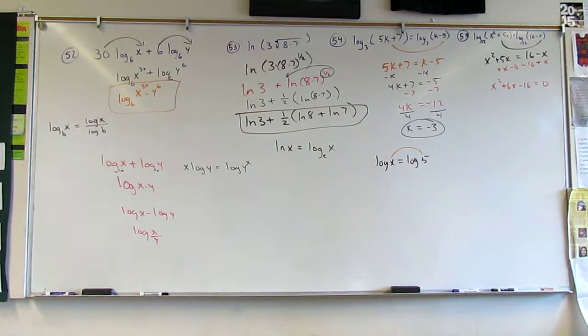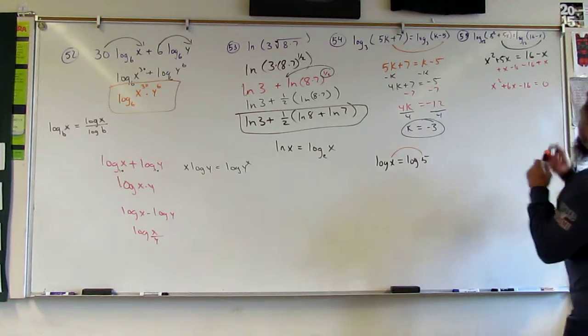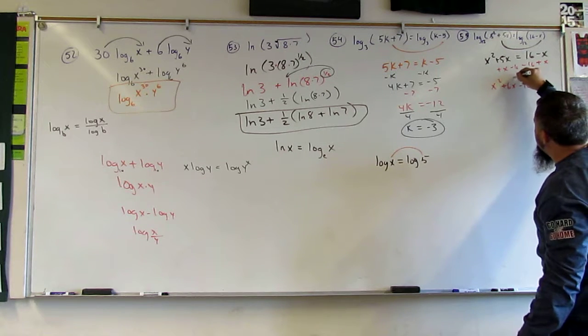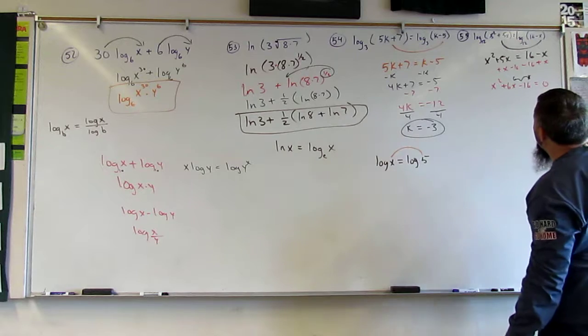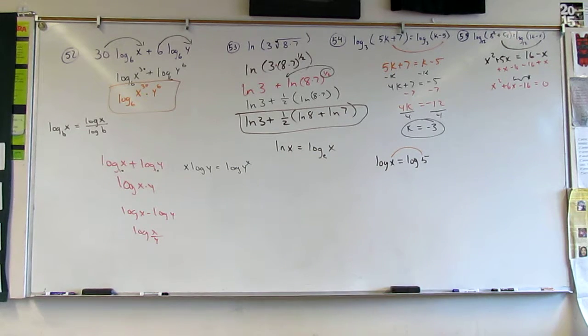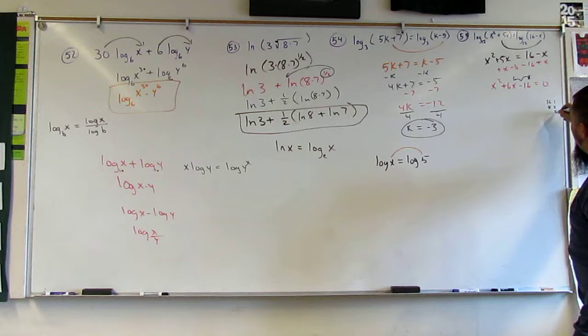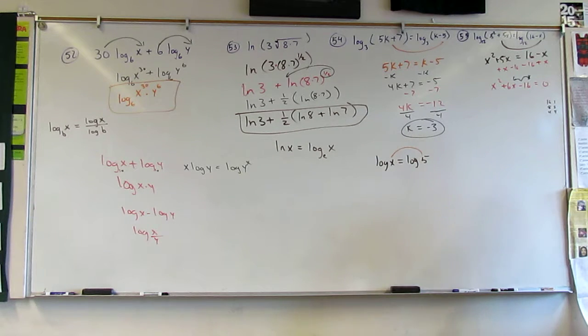And then I see if I can factor it. What multiplies to be 16, but subtracts to be 6? Well, I know 16 and 1. I know 2 and 8. I know 4 and 4. Oh, 8 and 2 subtract to be 6.